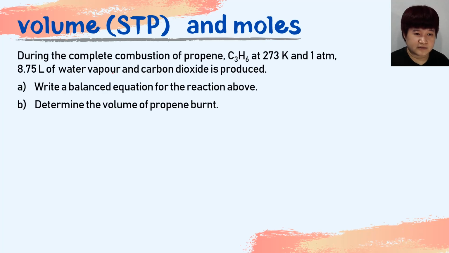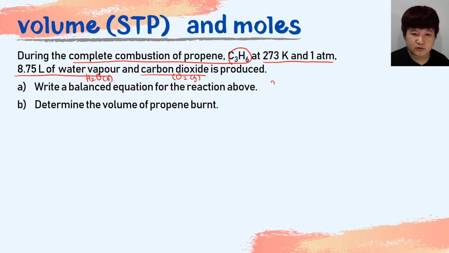Next, so in this question, still a combustion, but we have different thing. We have propene over here, and the condition is different. It's 273 Kelvin and 1 atm. And I have volume of water vapor given, and carbon dioxide is produced. So what's the question is talking about? When I burn propene, I will have water vapor form, and also I have carbon dioxide gas produced.